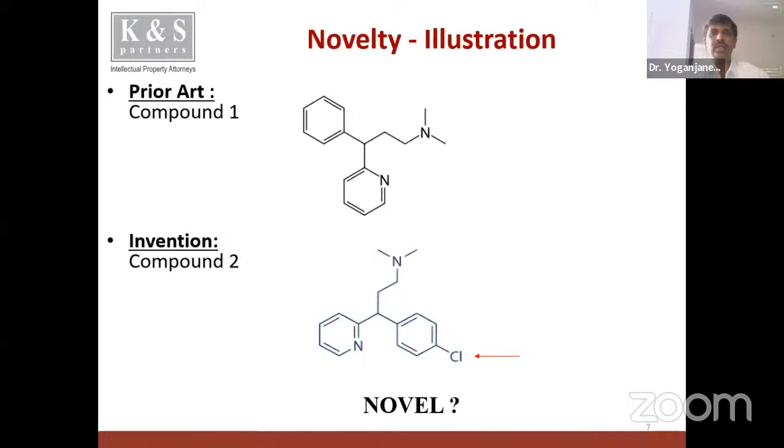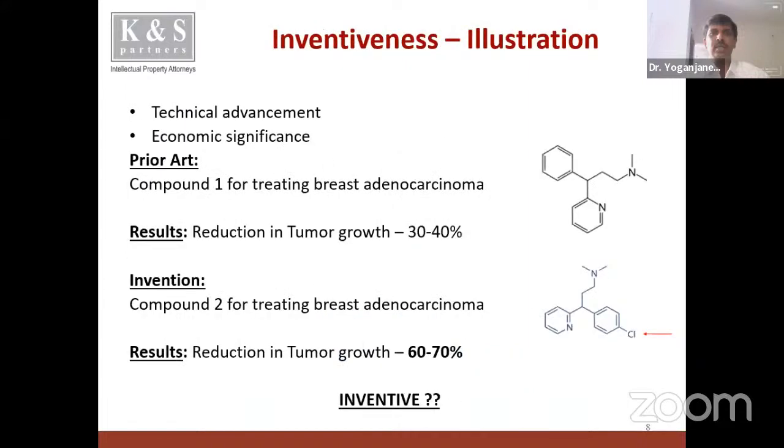In inventive step, the criteria we look into are technical advancement or economic significance. Let us take the same example. Compound 1 is useful for treating breast adenocarcinoma. When this compound was administered to a patient, there was a reduction in tumor growth of up to 30 to 40%. Now the present invention is compound 2, which has only the difference of chlorine being an extra moiety.